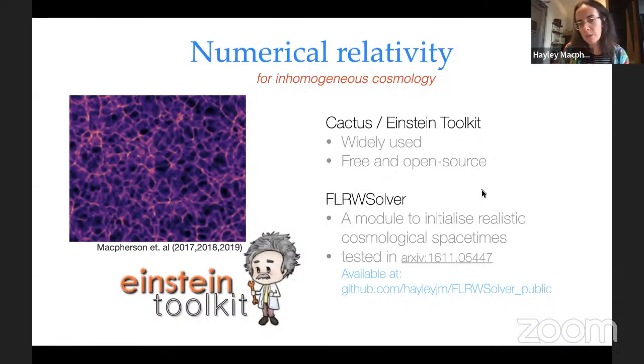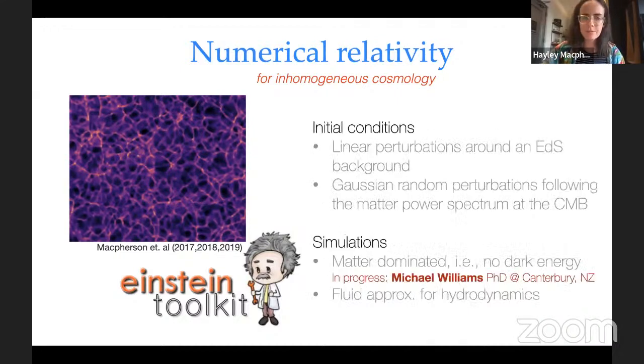And it's specifically built to initialize realistic cosmological spacetimes based on, for example, the power spectrum of the CMB. And you can see this paper here where we did a few test cases using this module, and it is freely available. So if you want to go to this repository and download it, there are detailed instructions on how to incorporate it into the Einstein Toolkit if you are interested. And please email me if you do want some help on this.